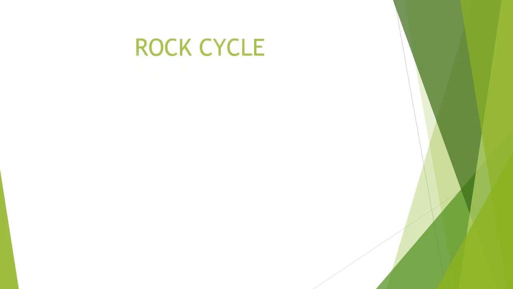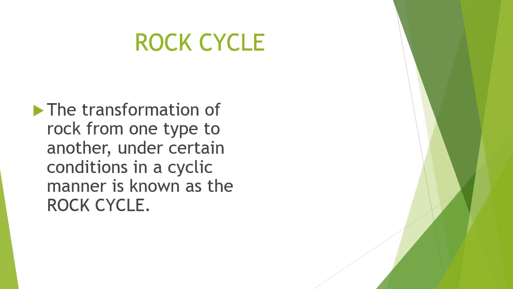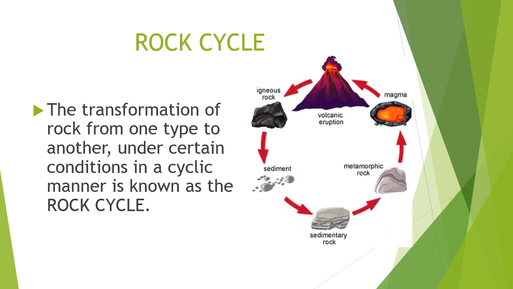Now we will see the rock cycle. The transformation of rock from one type to another under certain conditions in a cyclic manner is known as the rock cycle. See the diagram. Due to volcanic eruption, lava comes, or sometimes inside the earth magma gets cooled and solidified into primary rock, igneous rock.